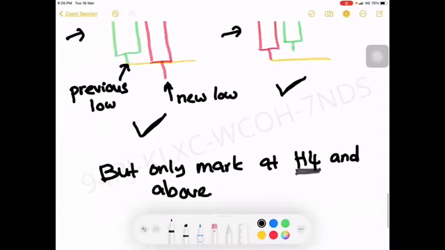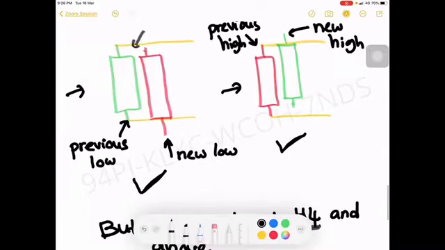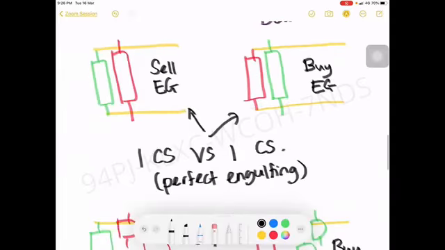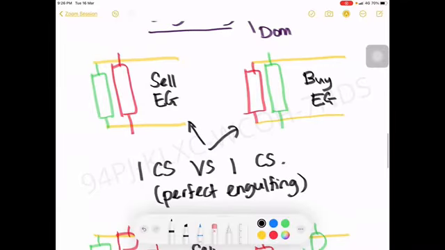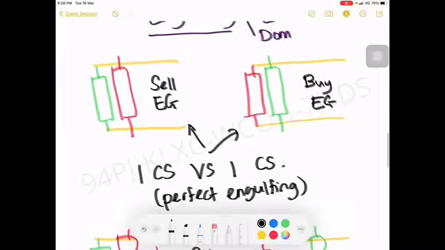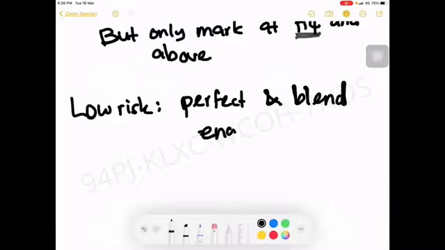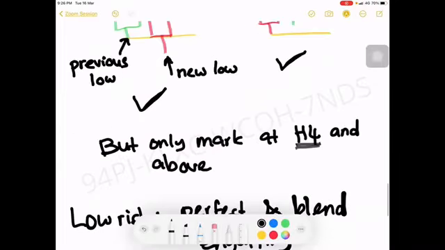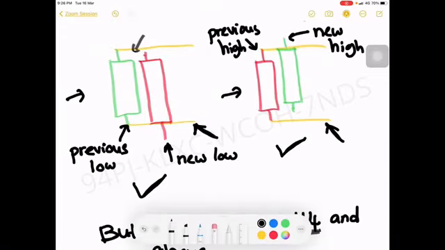But this one is an engulfing. The high risk ones are these two.